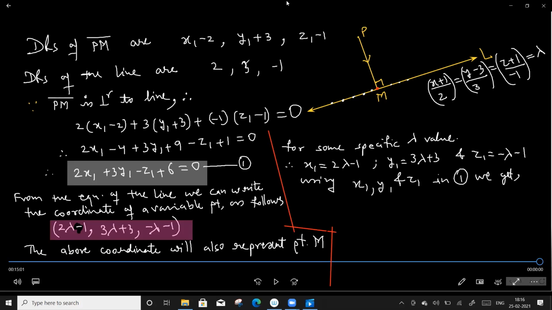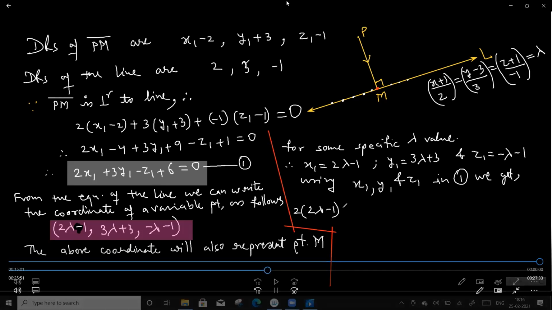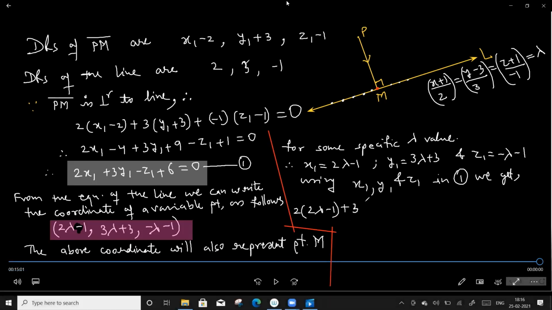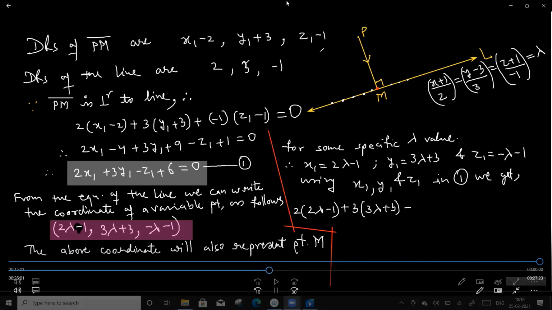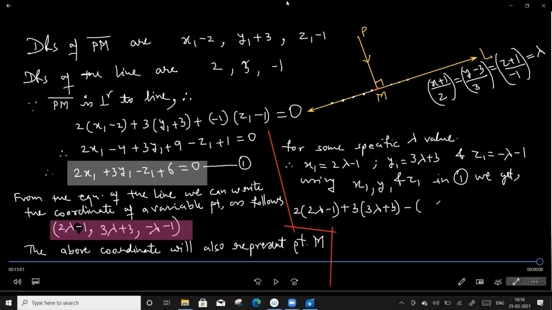So here I substitute. I get 2 into (2 lambda minus 1) plus 3 into (3 lambda plus 3), minus z1. So minus z1 is minus (minus lambda minus 1), plus 6 equals 0. See, this is what equation 1 becomes when I substitute.